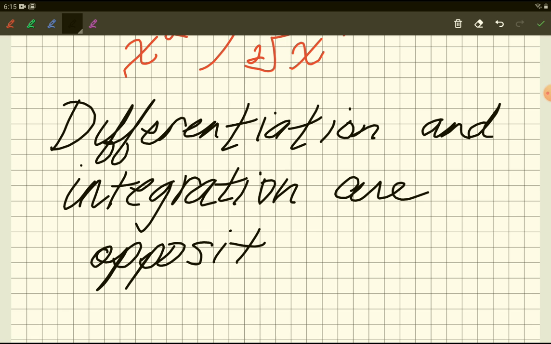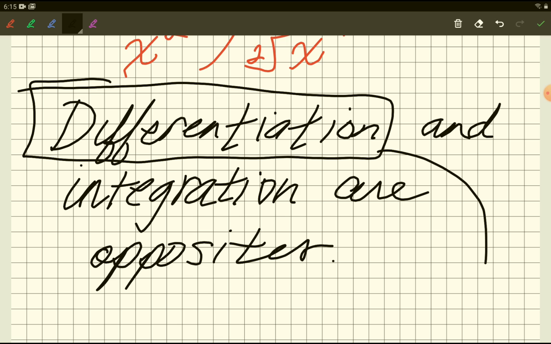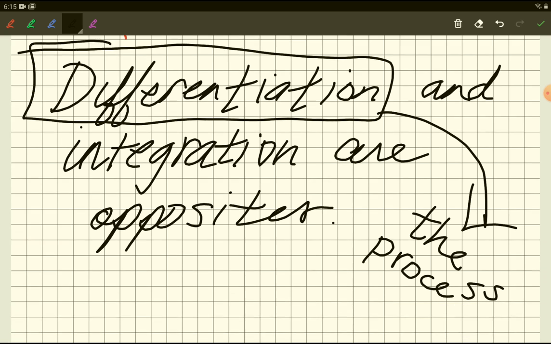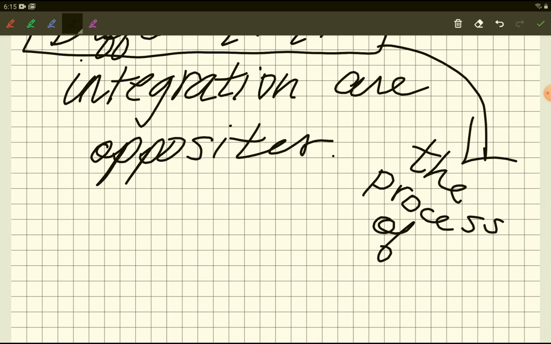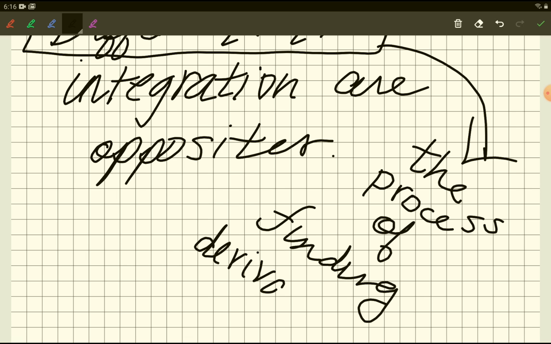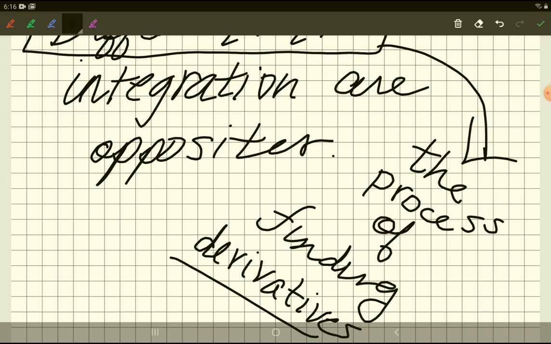We're going to focus on derivatives first. We're going to focus on differentiation, which is the process of finding derivatives.